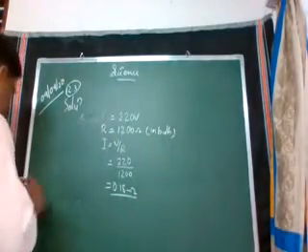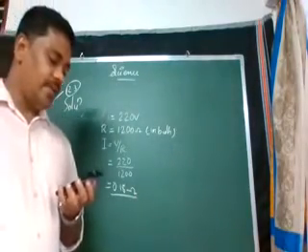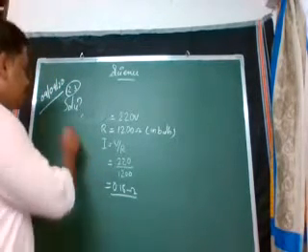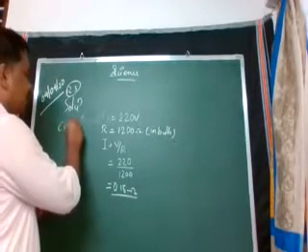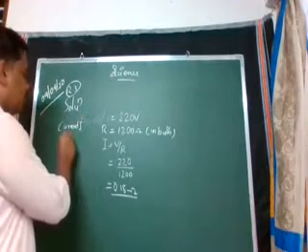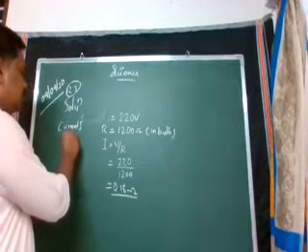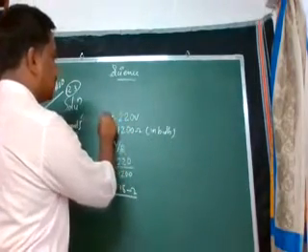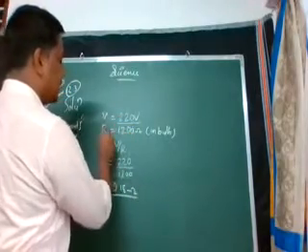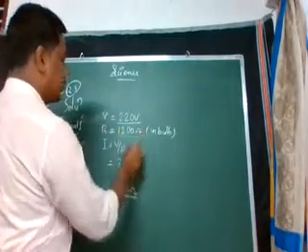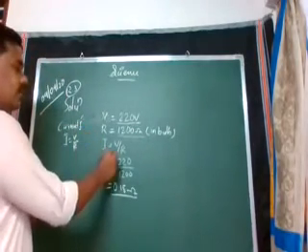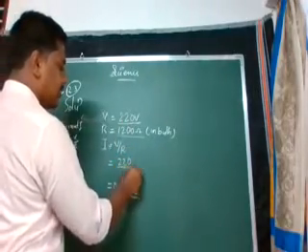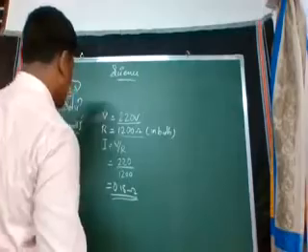The question is, how much current will an electric bulb draw from a 220 volt source? So we want to find current I. For I, we have the equation I is equal to V by R. The voltage V is given, that is 220 volt, and resistance R is given, that is 1200 ohm.